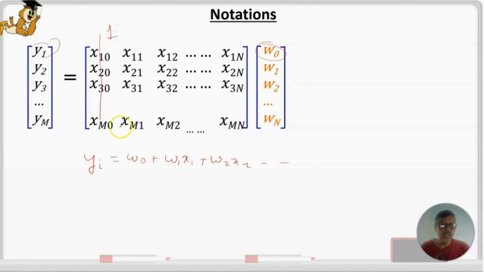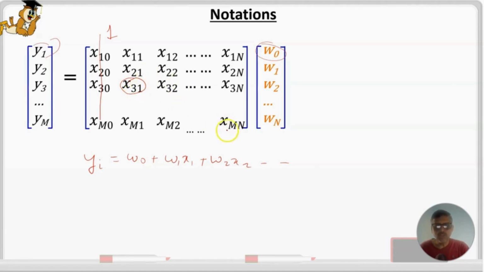So x10, x20, x30, xm0 are all 1, and x11 is essentially the value of independent variable 1 in training point 1. x12 is the value of independent variable 2 in training point 1, and so on and so forth. Similarly, x31 is the value of independent variable 1 in training point 3, and so on and so forth.